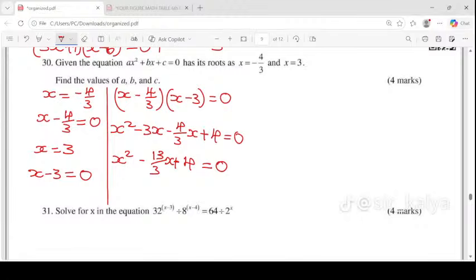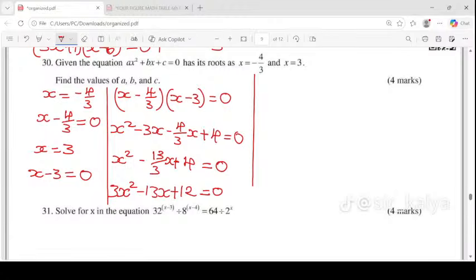That way, I can decide to multiply through by 3. When I multiply through by 3, I'll have 3x squared minus 13x plus 12 is equal to 0. Now I want to match it to what is expected of us.